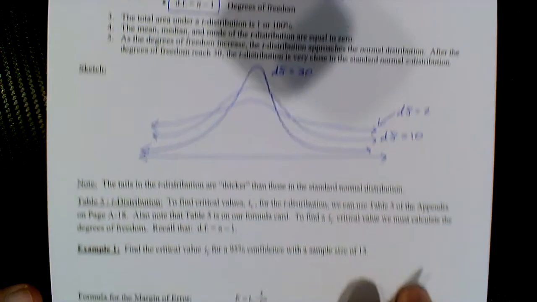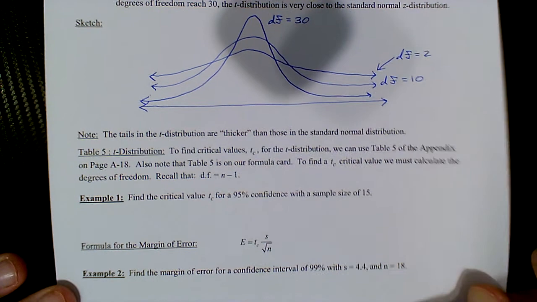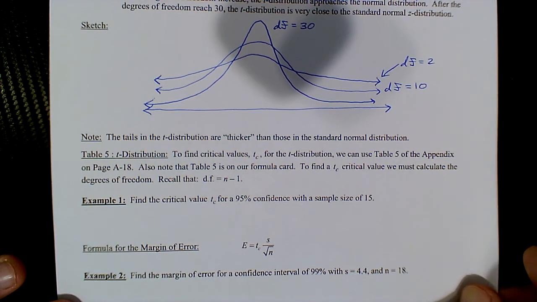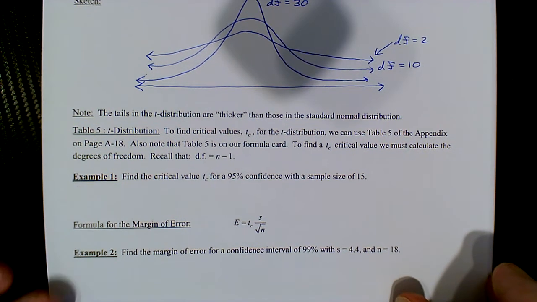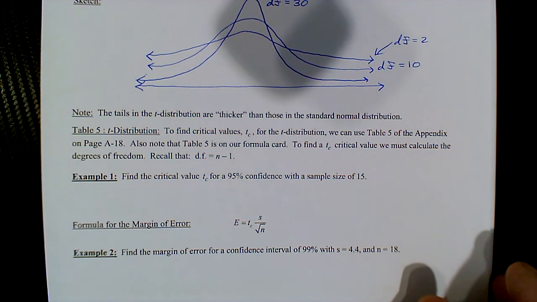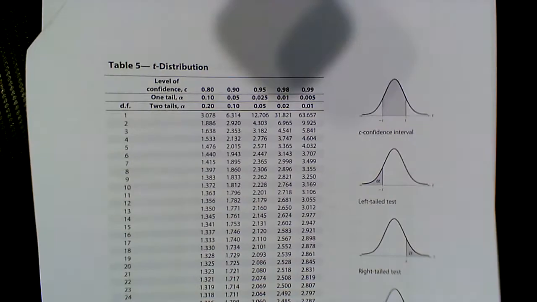Okay, so the note mentions the thicker tails, and then we have table 5. Table 5 is in that same packet as table 4, and it's used to find the critical values for the t-distribution. Get familiar with the way the table looks.